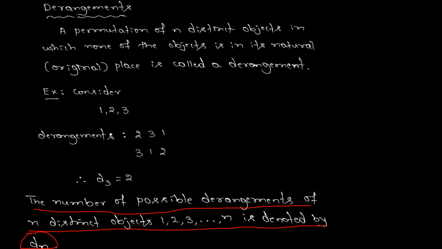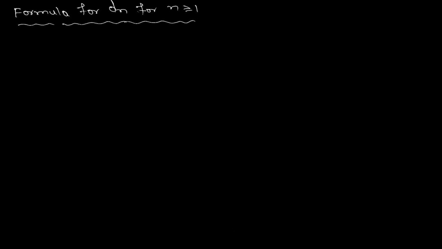That means the number of derangements of n distinct objects is denoted by Dn. Now let us see the formula for finding the number of all such derangements given n distinct objects.